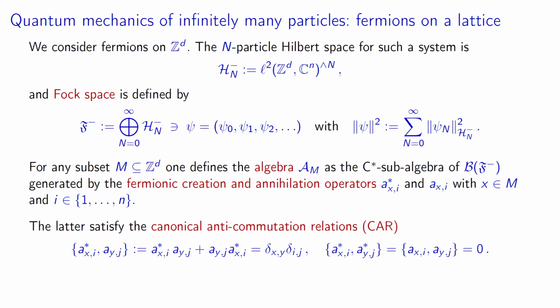So I assume that you know that these fermionic creation and annihilation operators satisfy the canonical anti-commutation relations. And since we're on a lattice, these are perfectly well-defined bounded operators.